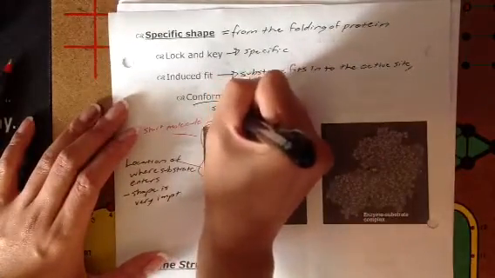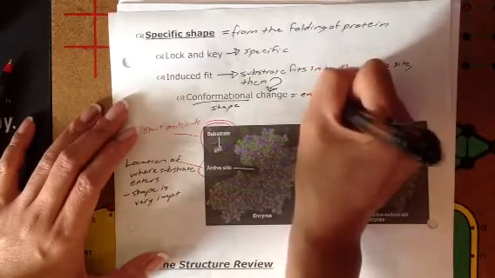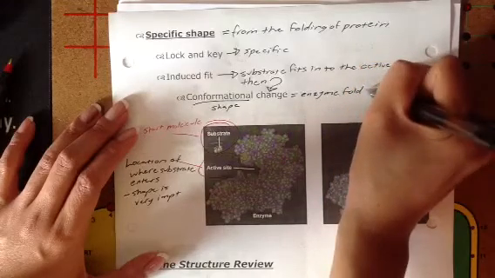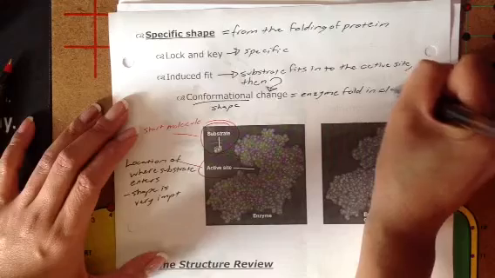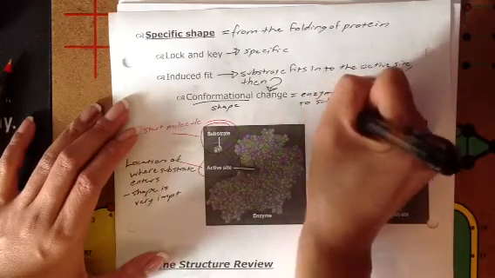Conformational just means a shape change. And what this really means is that our enzyme is going to fold in or hug or scoop closer to the substrate.